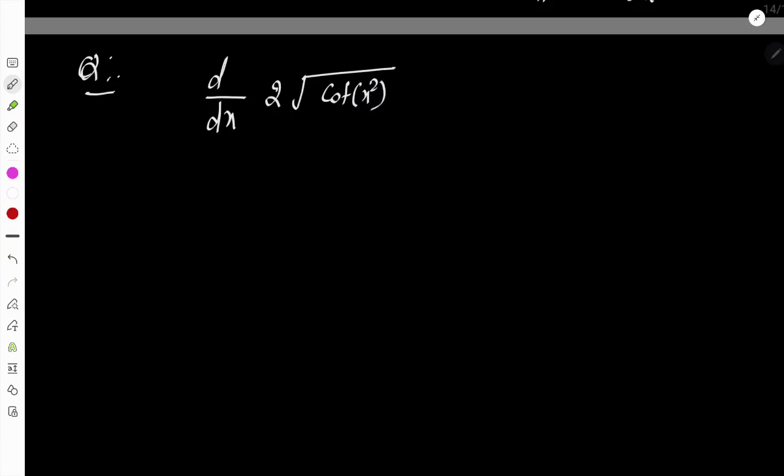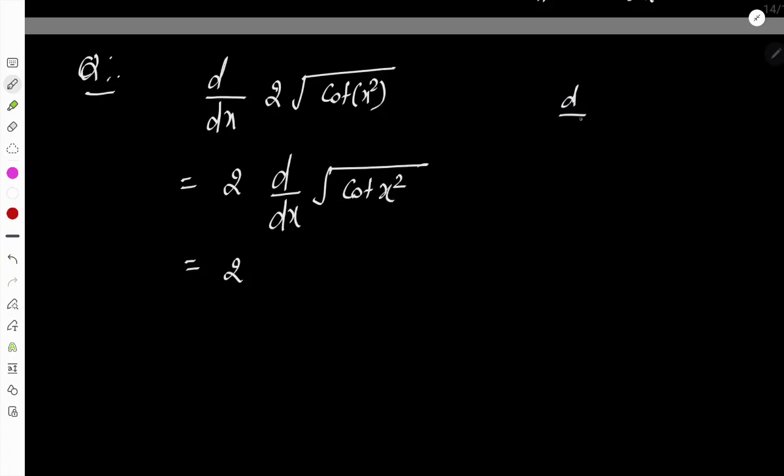So 2 stays outside, and d by dx of root of cot x square. I hope you know the derivatives of a few formulas. We are directly doing questions, and these questions are from NCERT, from the chapter on differentiability: d by dx of root cot x square.